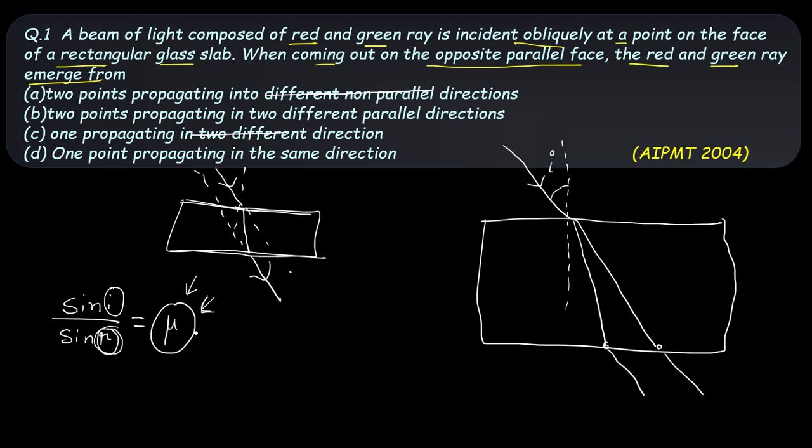For red color, the refractive index will be less than for green color because the wavelength is more. So for red color this will be less, which means this r will be more. This will be my red and this will be my green. This angle will be for red, and this angle of refraction will be for green. Since the angles of refraction are different, they will emerge from two different points, but they will go parallelly.